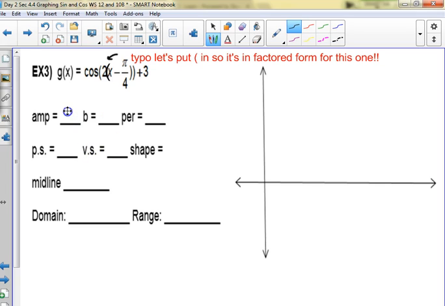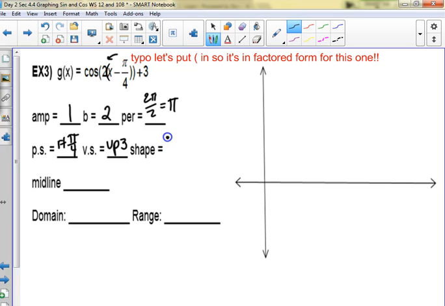All right, in that form, the amplitude of this one is just what? 1, because there's nothing out front. The b value is 2, so the period is 2 pi over 2, which is pi. The phase shift is again to the right, pi over 4, and the vertical shift is up 3, but what's the shape this time?